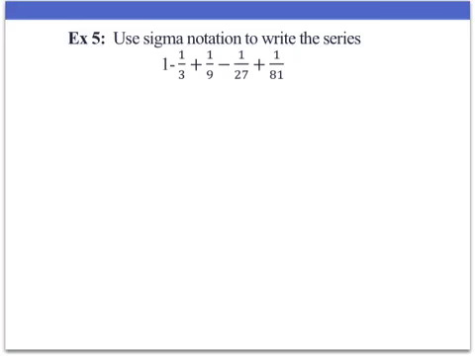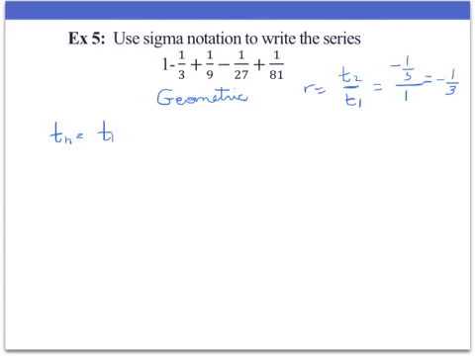Okay, now let's look at this series. I have alternating signs, so this is geometric, which means I'm dealing with a ratio, which is the second term divided by the first term, which is negative 1/3 divided by 1, so my ratio is just negative 1/3. Now let's do my nth term formula. And this is the first term times the ratio raised to the n minus 1.